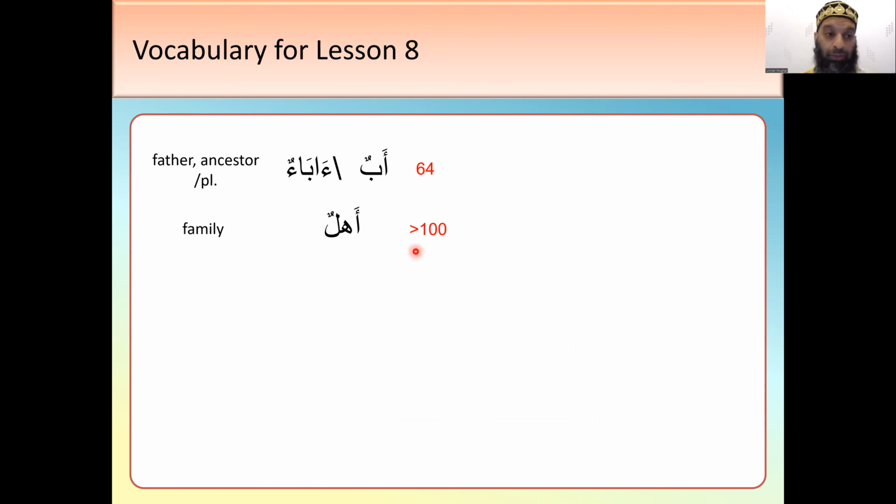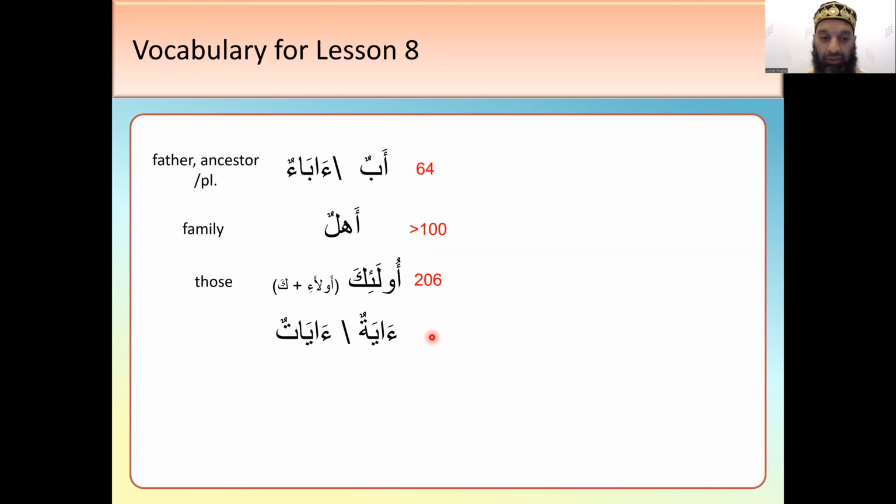Over 100. A family. Ulaika. Those. 206. Ayatun. Verses.